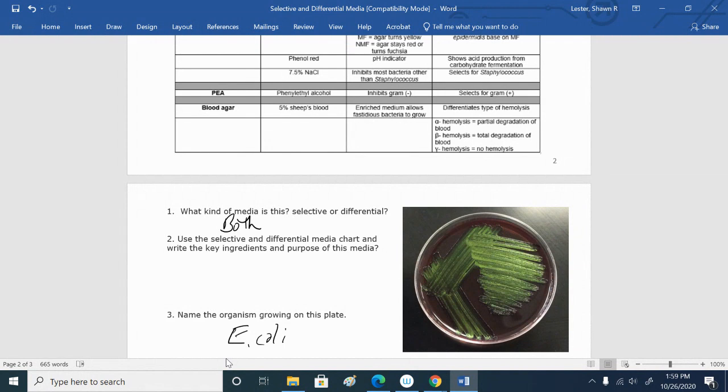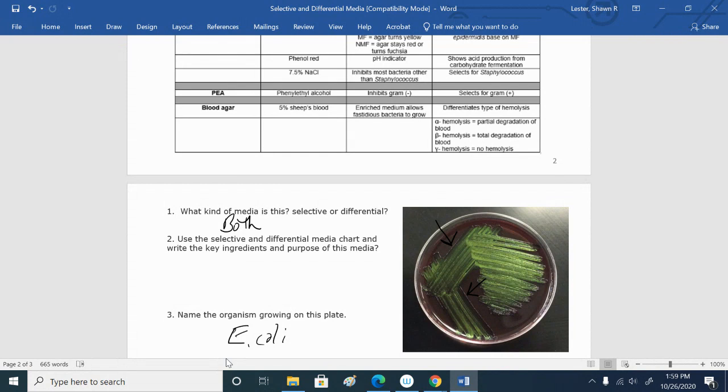Now, you will notice there are some places where, if you see the growth that's right here where I'm pointing to, the green is fading away. And underneath the green, it's dark purple. So over time, on an EMB plate, all the shiny green will fade away, and so you will see dark purple.